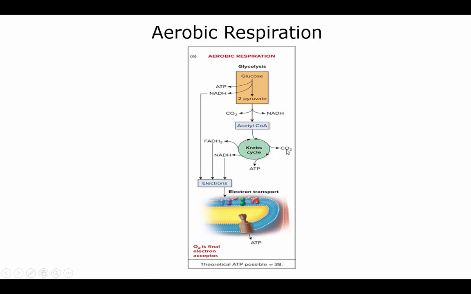We're going to give off some carbon dioxide, and some NADH and some FADH are going to load up with electrons as well. And then those carriers, the FADH2 and the NADH, from these other 2 reactions are going to go into the electron transport chain, and here oxygen is going to accept those. So we can make up to 38 ATPs here.